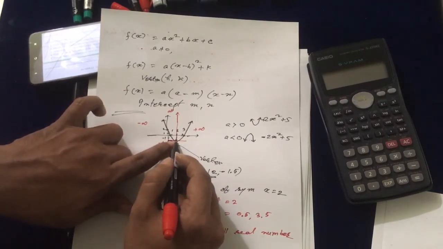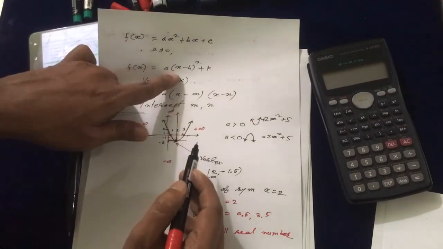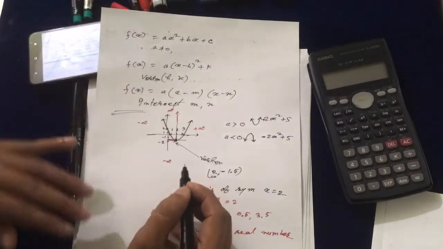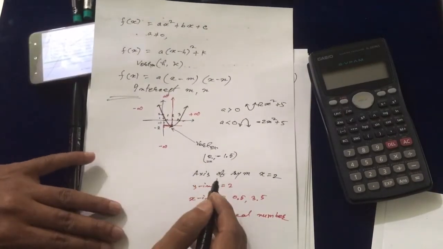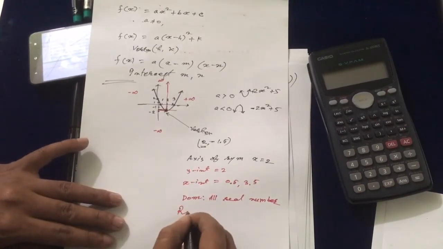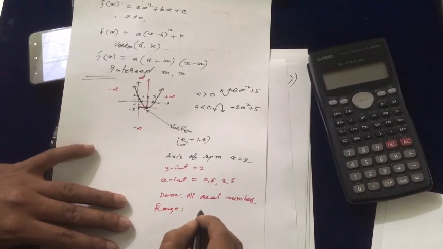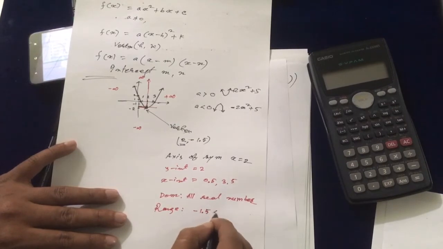So from this minus 1.5 all the way up, everywhere, the graph is going. That means from minus 1.5 to plus infinity. So the range will be from minus 1.5 to plus infinity.